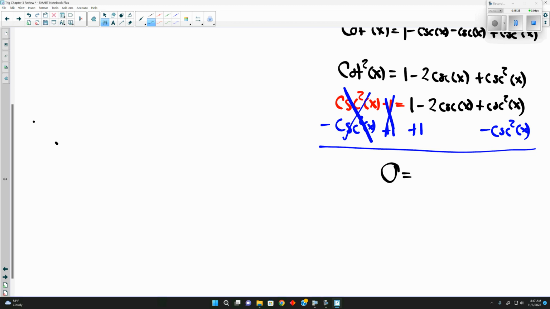And interestingly enough, on the other side, cosecant squared minus cosecant squared is 0 also. So all the squared terms canceled out, and all we're left with is 2 minus 2 CSC of x.